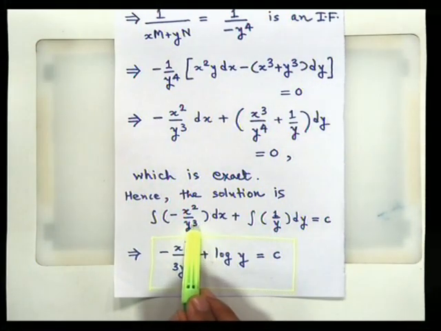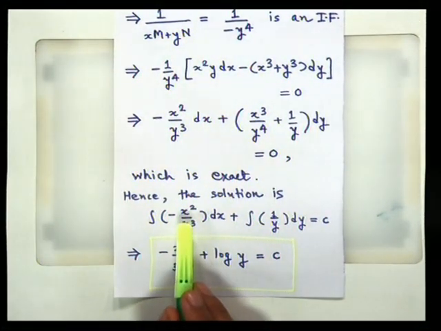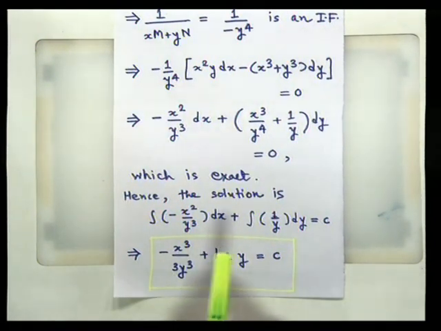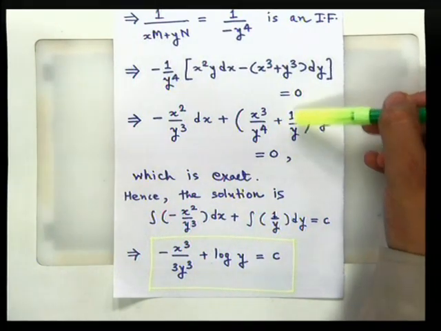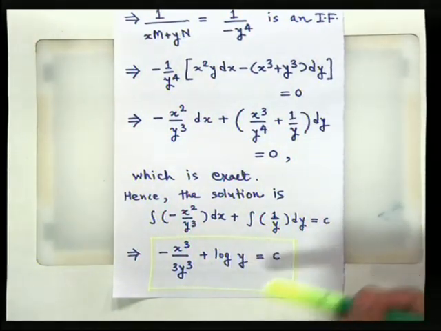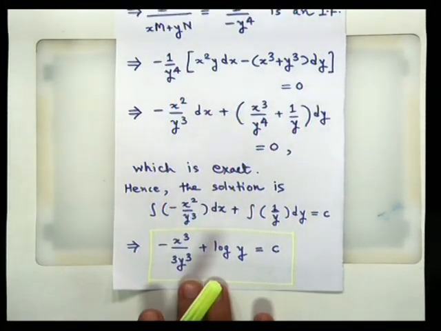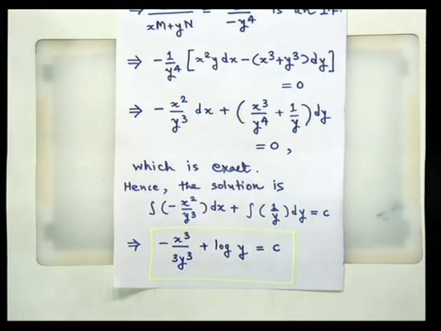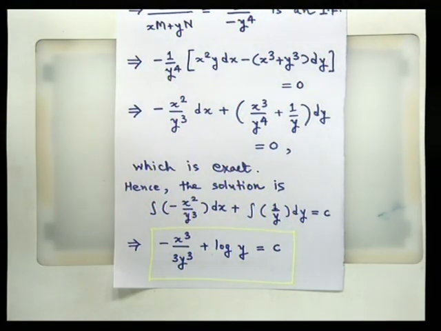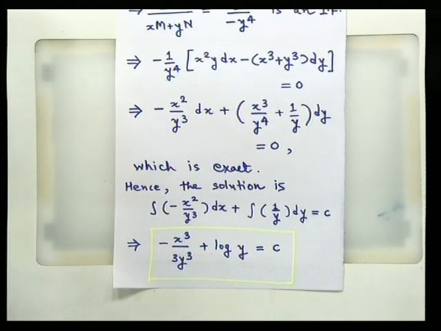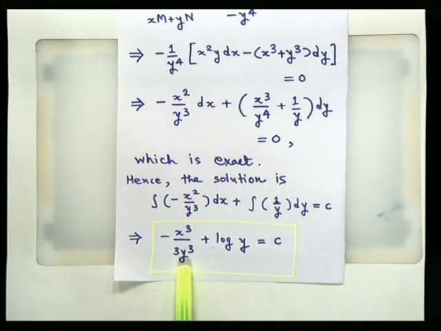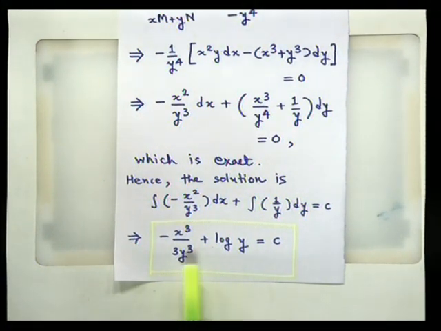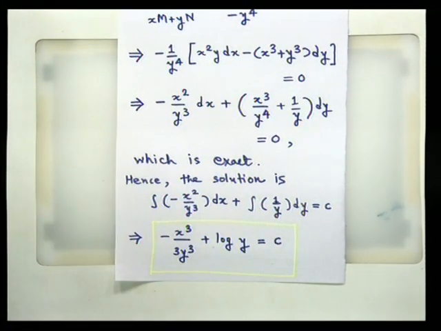Here y will be treated as constant, so the integration of minus x square is minus x cube by 3, and the only term free from x is 1 by y, so its integration is log y. So the general solution of the second non-exact differential equation, after reducing it to an exact differential equation by multiplying by the integrating factor, is minus x cube by 3y cube plus log y equal to c.